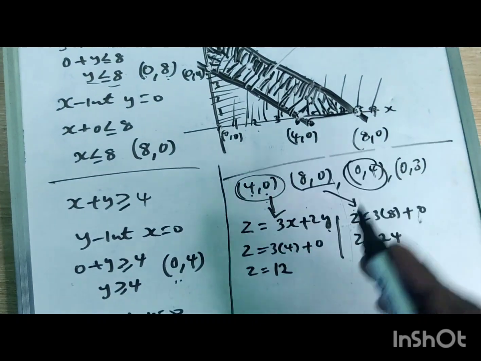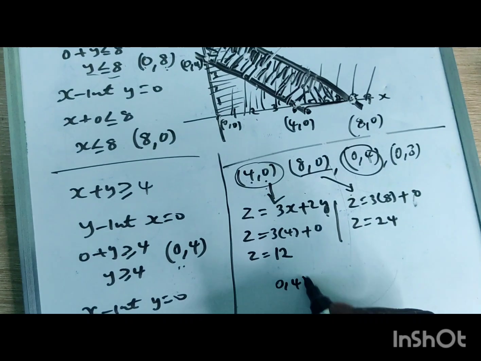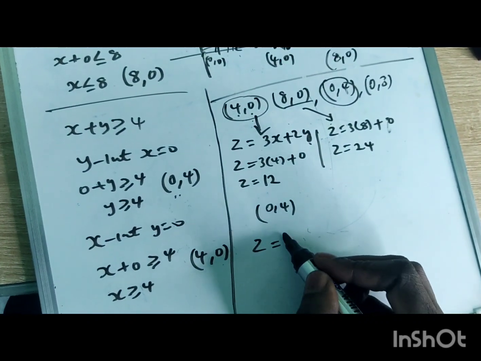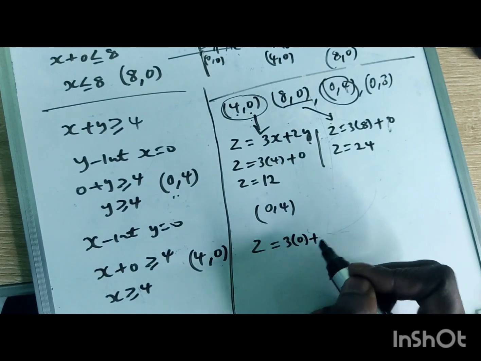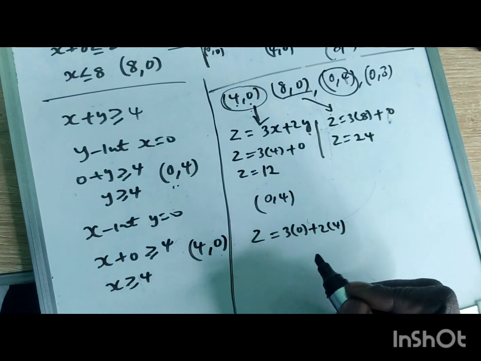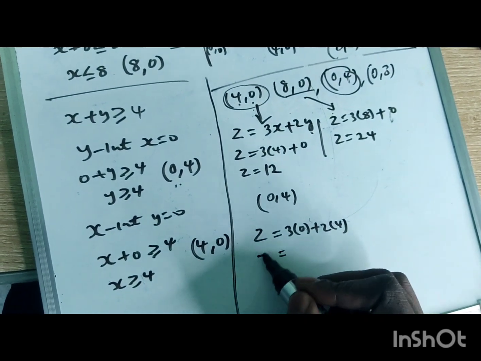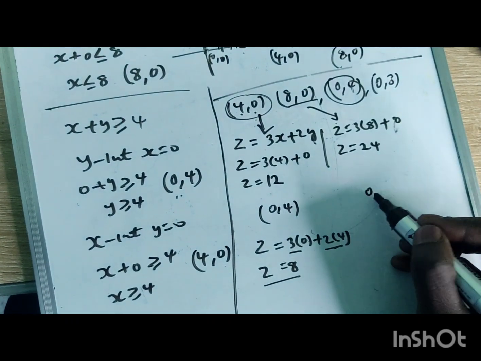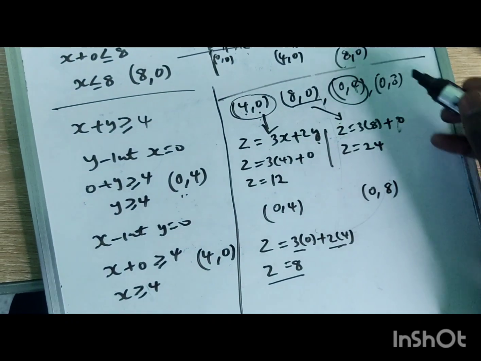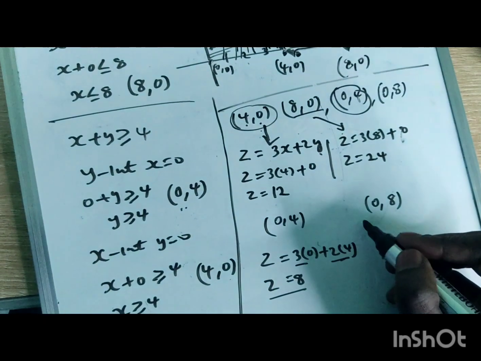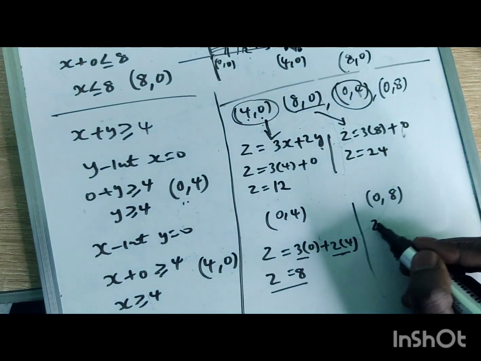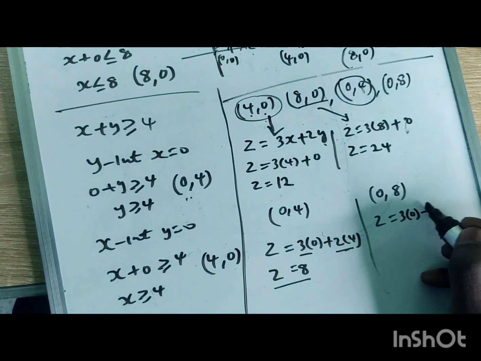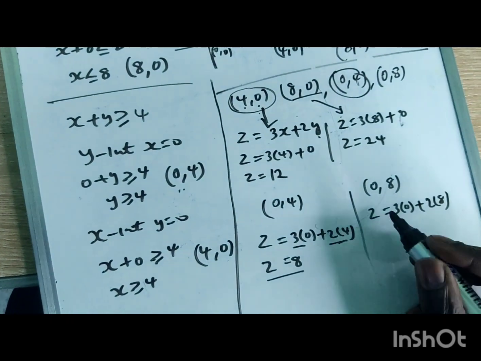Now let's take this point 0, 4. Let's substitute that: 3 times 0 plus 2 times 4. That means it's just 8. And now let's substitute another one, 0, 8: 3 times 0 plus 2 times 8.